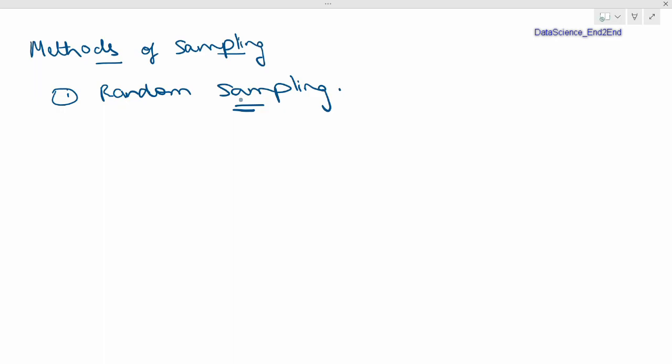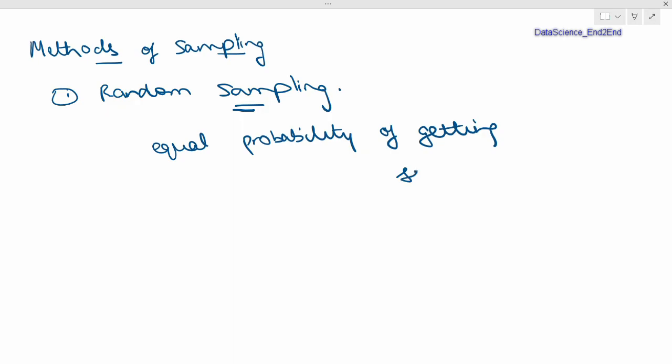In random sampling, you pick the shops randomly and collect the data from them. When I say randomly, it means every shop has an equal probability of getting selected. You are not biased towards any particular shop or locality. Every single unit or shop in your locality has equal chances of getting selected. That is called random sampling.